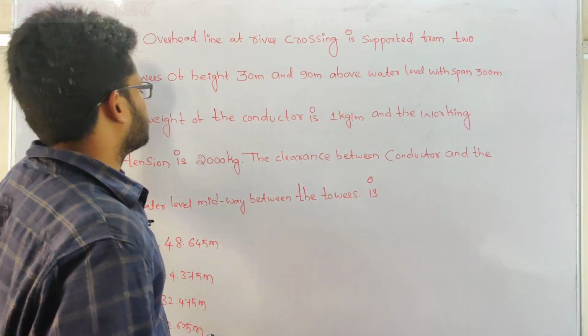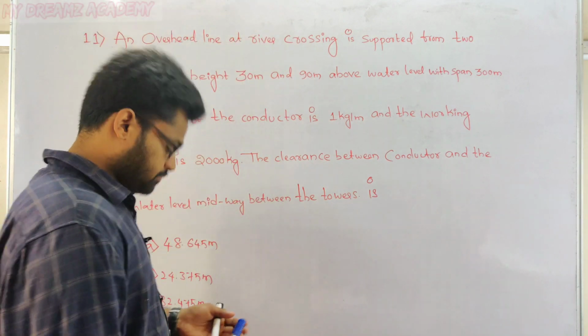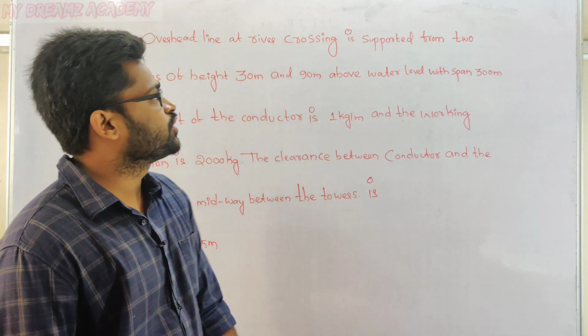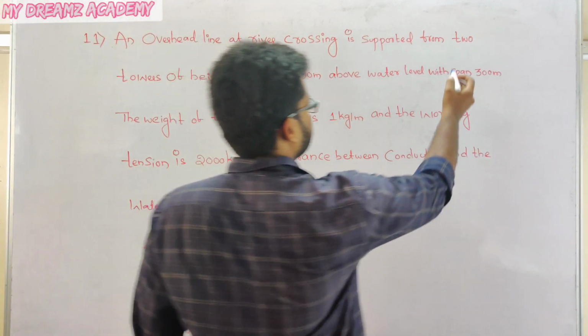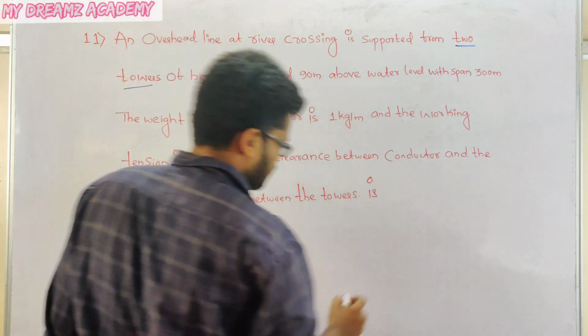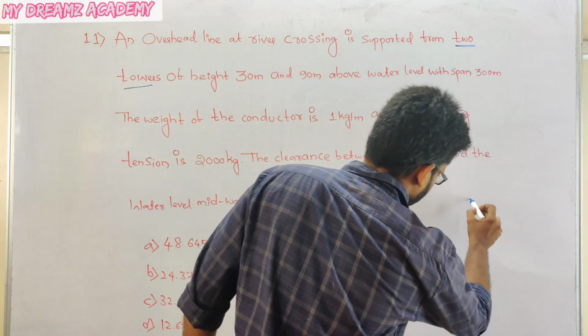This is the 11th question from the TSNPDCL Assistant Engineer exam paper. An overhead line at a river crossing is supported from two towers. Okay, we have two towers like this.